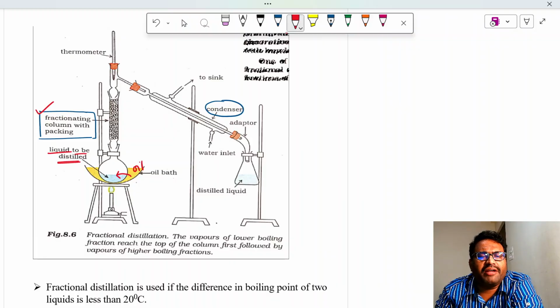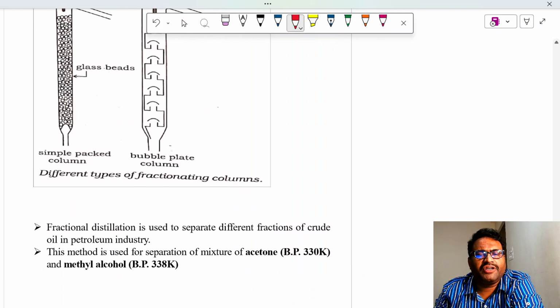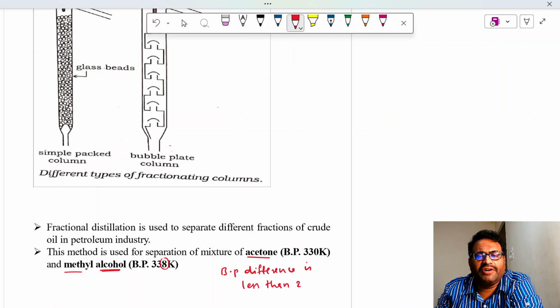Okay. So now what happens? This mixture of liquids, let us take liquid A and liquid B. Or otherwise, let us go with example. What are those? One is acetone and another is methyl alcohol. See, 330, 338. So boiling point difference is less than how much? 20 degrees centigrade.